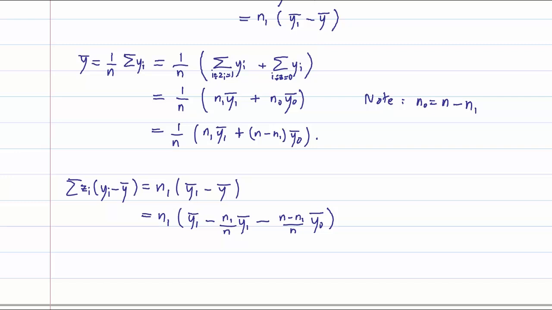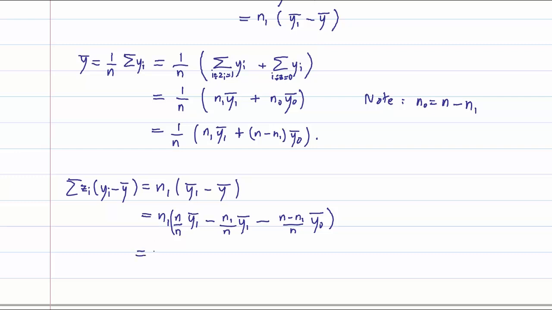So what I can do here is add in front of the y1 bar n over n, which doesn't change anything, it's 1, and I see that I have n minus n1 over n times y1 bar, and I also have n minus n1 over n times y0 bar.